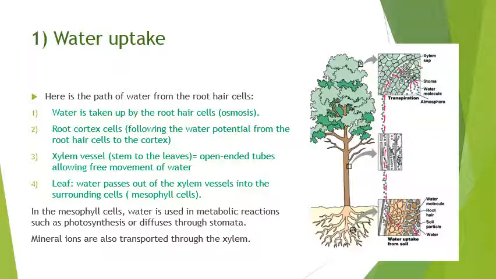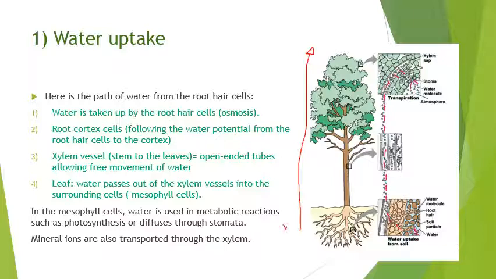And then I told you that the water leaves the leaves again. It leaves the leaves, and that happens because the water potential in the outside air is even lower than in the plant. So basically you have a movement of the water along a water potential gradient, and the water goes from the roots, I'm going to draw a little arrow here, up through roots, stem, leaves, and then into the air.